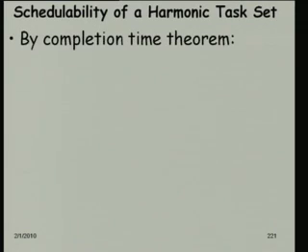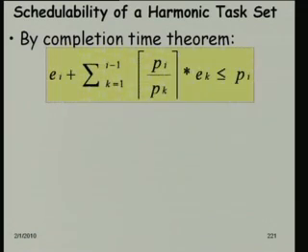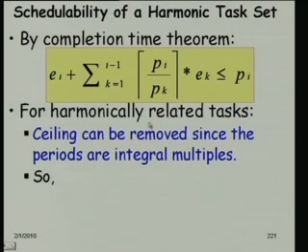Let us just review the completion time theorem. We were testing the schedulability of a task set by checking whether this expression holds for every task Ti. Now, for a harmonically related set of tasks, the ceiling can be removed, because whenever a period is larger than another period, it is an integral multiple.